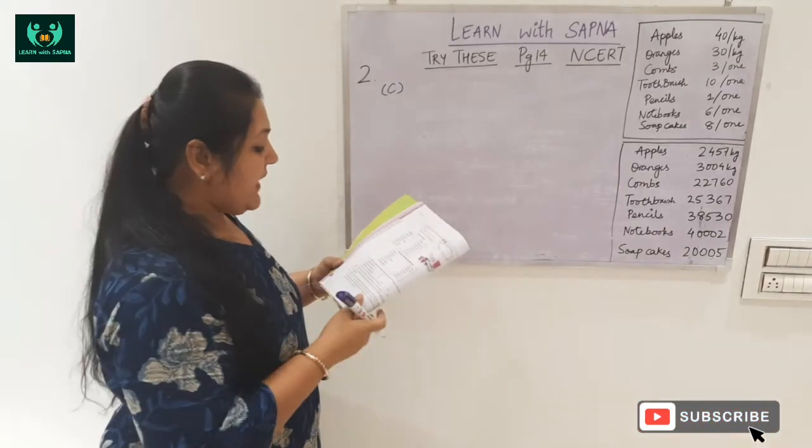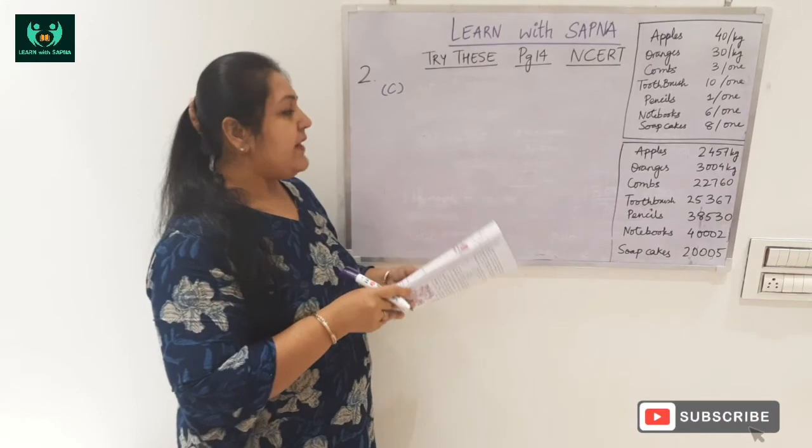Now, C part says we have to find the total money got by selling apples and oranges.